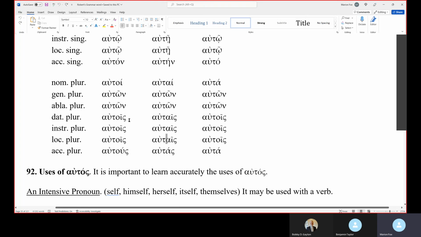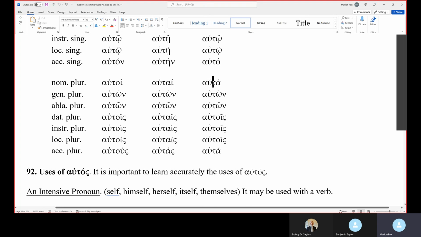Let's look at the accusative. In the masculine, the nominative and accusative are different. So our accusative form is different. And all the way across, your accusatives are different in all three genders. Now remember, as I said earlier, the nominative neuter and the accusative neuter, both singular and plural, are the same.